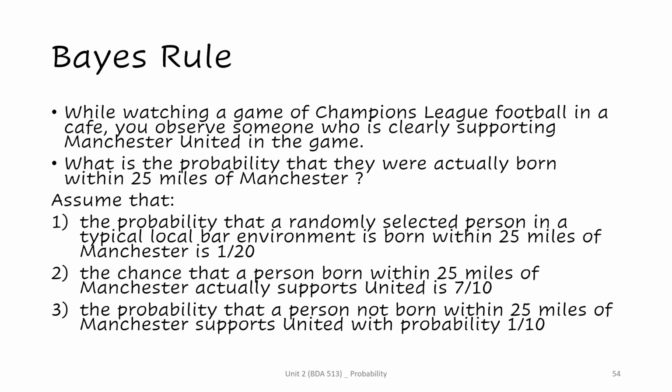Okay. So we are given this information. The probability that a randomly selected person in a typical local bar environment is born within 25 miles of Manchester is 1/20.